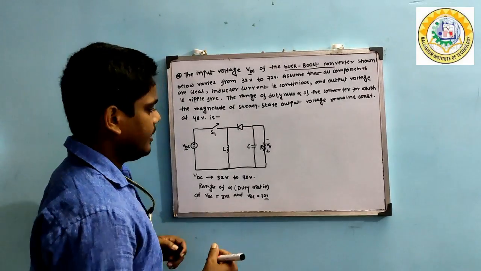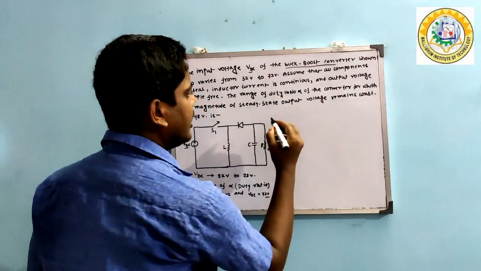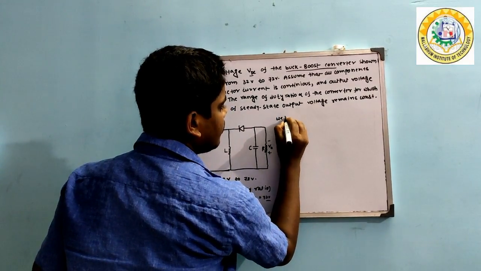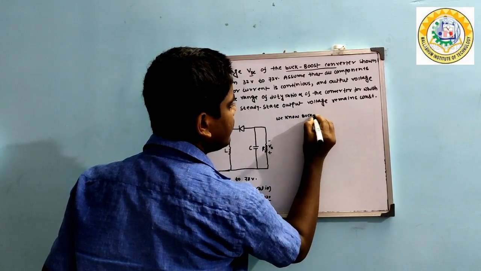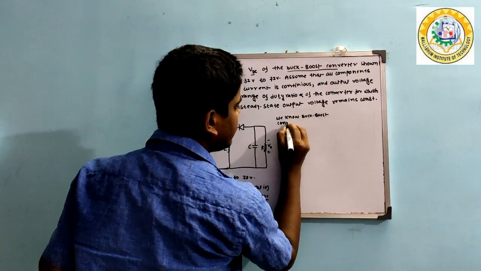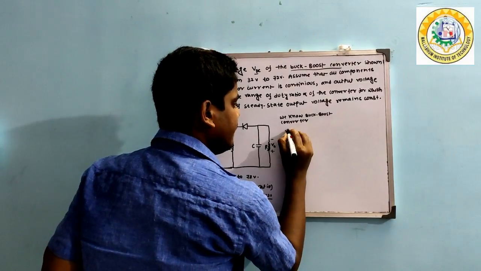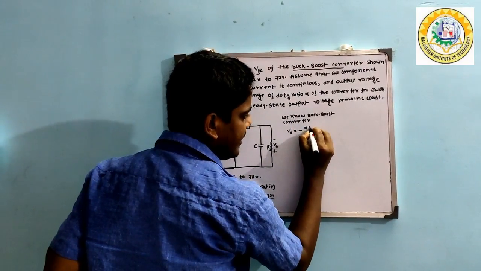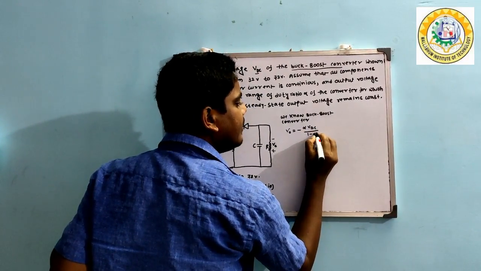So we know for the buck boost converter, the output voltage V0 is equal to minus alpha into VDC divided by 1 minus alpha.